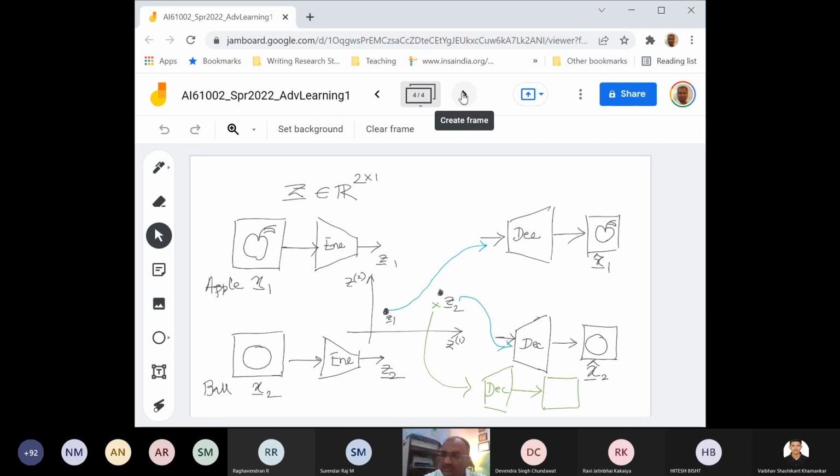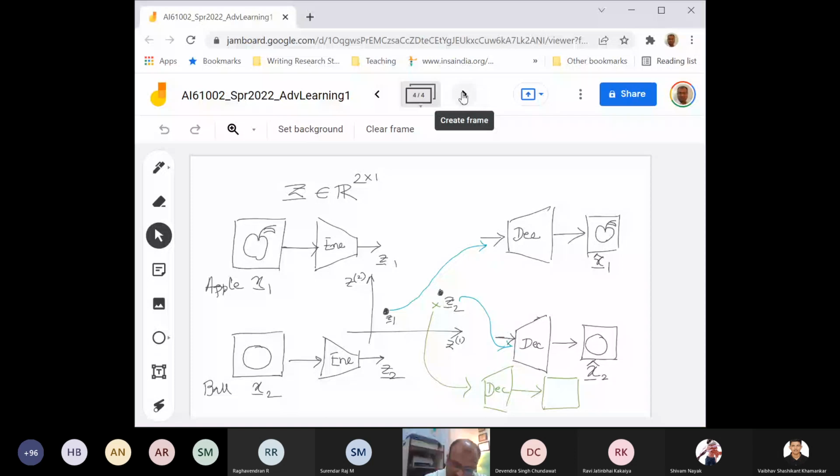So some combination of z1 and z2, as a linear combination of two points in a plane. Okay. A linear combination should have been on the straight line, but okay, somewhat.